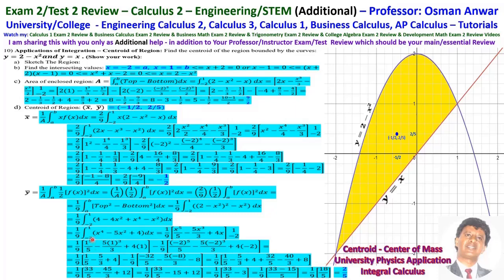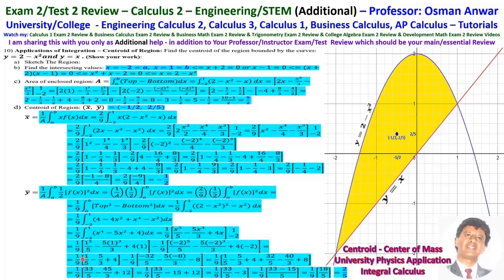which is 1 over 9, evaluated from minus 2 to 1, x to the 4 minus 5x squared plus 4 dx, which is 1 over 9 times x to the 5 over 5 minus 5x cubed over 3 plus 4x from minus 2 to 1, which is 1 over 9 times 1 to the 5th over 5 minus 5 times 1 to the 3rd over 3 plus 4 times 1, minus 1 over 9 times minus 2 to the 5th over 5 minus 5 times minus 2 to the 3rd over 3 plus 4 times minus 2.